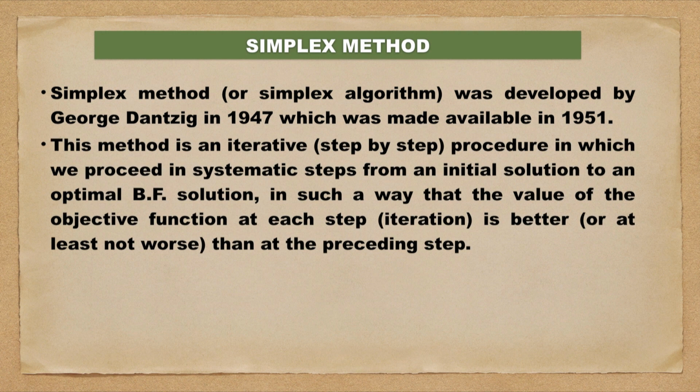This method is an iterative process in which we start from the initial basic feasible solution and step by step we reach the optimum basic feasible solution in such a way that the value of the objective function is increased. This simplex method works for the maximization of an LPP.